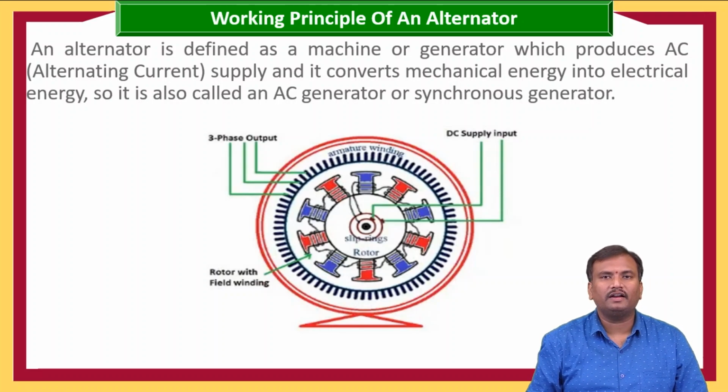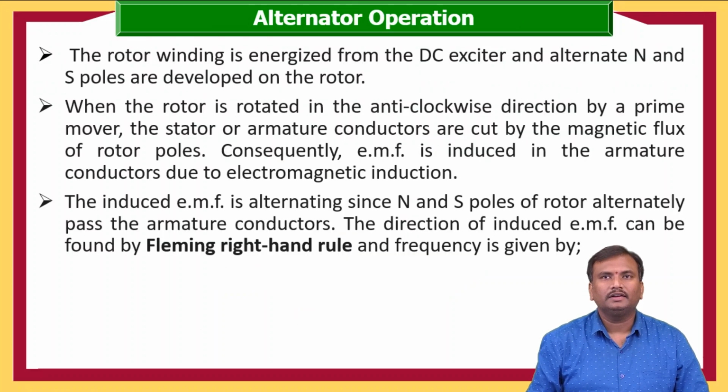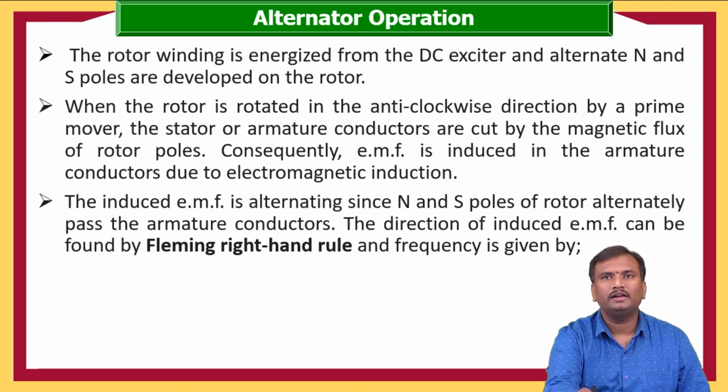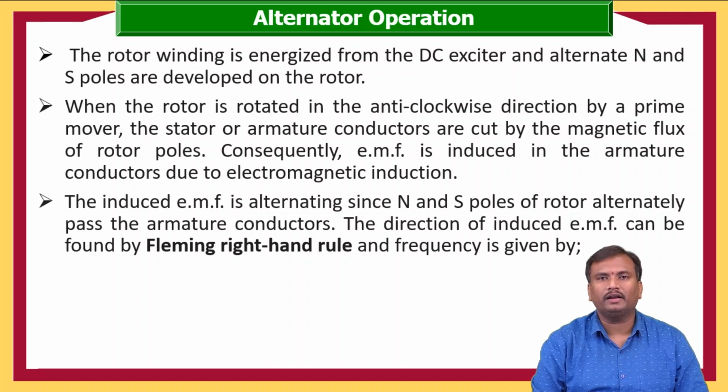Let us see what are the advantages of keeping the field winding on the rotor and armature winding on the stator. Here, rotor winding is energized from the DC exciter, and alternate north and south poles are developed on the rotor. Rotor winding is energized with an external DC supply.